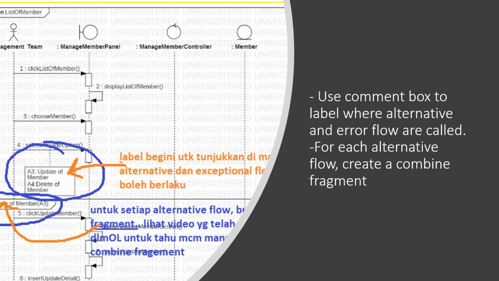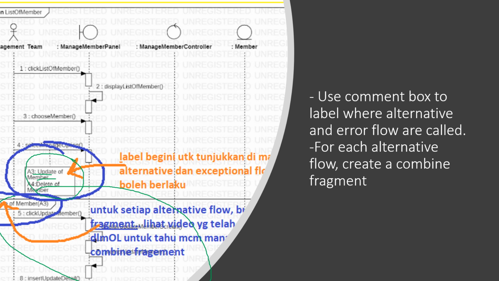So you should follow that sequence, and when there is an option that requires you to show alternative flows, you can label it in the form of a comment box also. Make sure whatever you label here is the same as what you labelled in your use case specification, right?